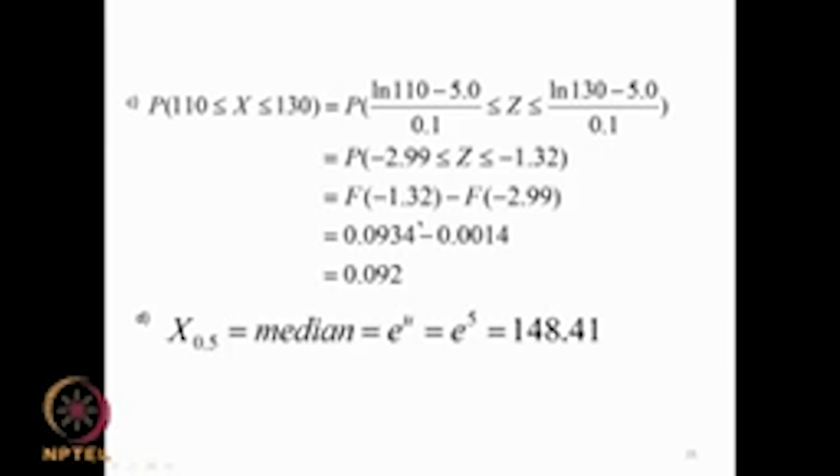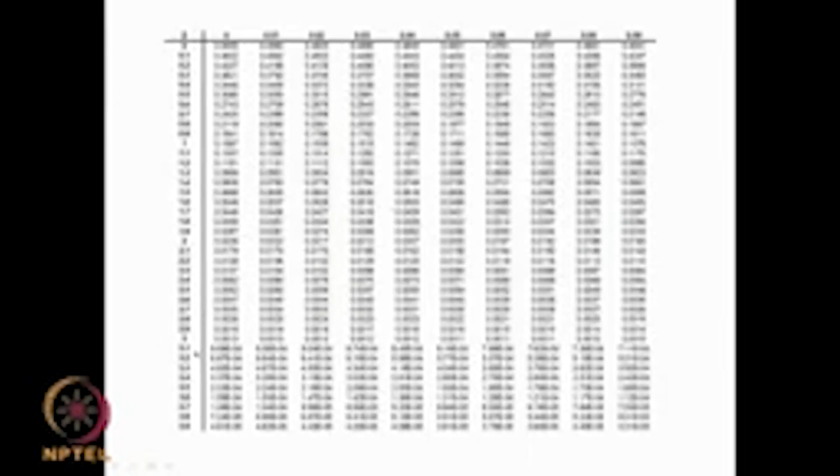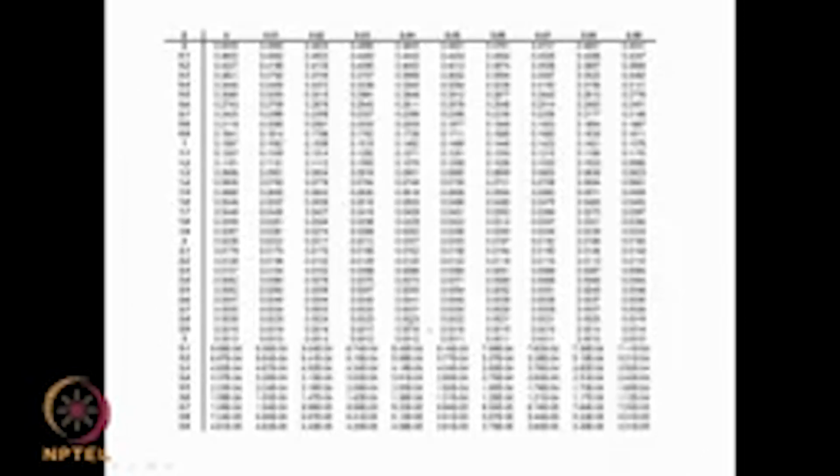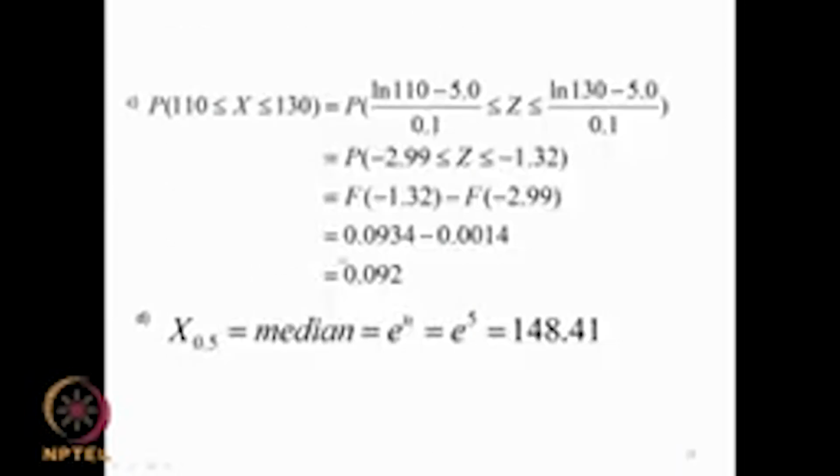So go to our z table, 2.99 is 0.0014, okay, 0.0014, and 1.32 is given by 0.0934, this is our z table if you remember, 0.0934.